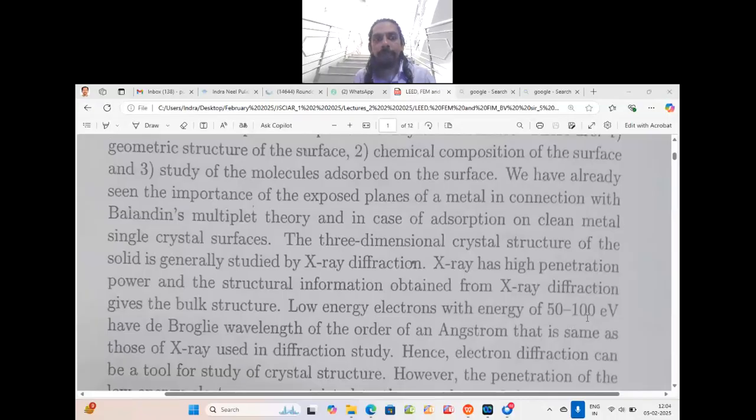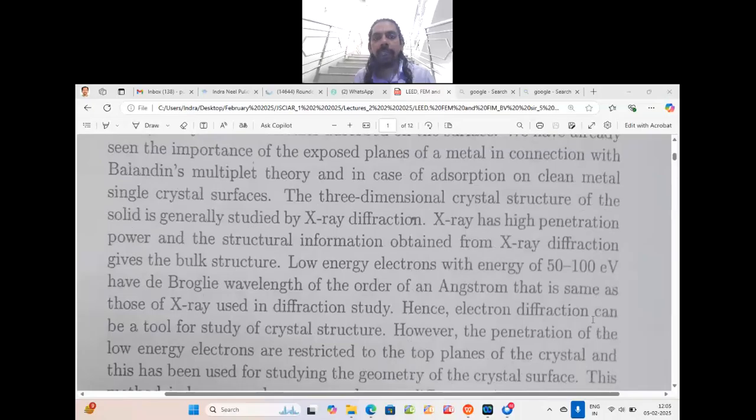We have already seen the importance of exposed planes of a metal in connection with Balandin's multiplet theory, and in the case of adsorption on clean metal single crystal surfaces. The three-dimensional crystal structure of the solid is generally studied by X-ray diffraction. I already told this: X-ray has high penetration power, and the structural information obtained from X-ray diffraction gives the bulk structure.